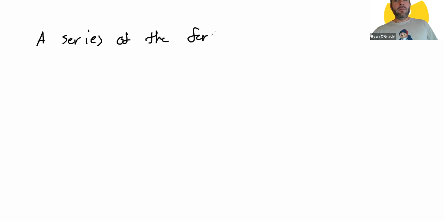So here's a power series. A series of the form, watch how we write this: c sub 0 plus c sub 1 times x plus c sub 2 times x squared.